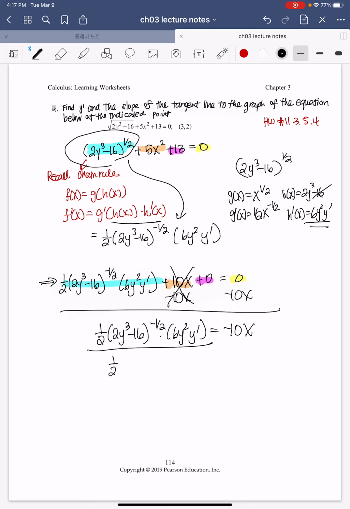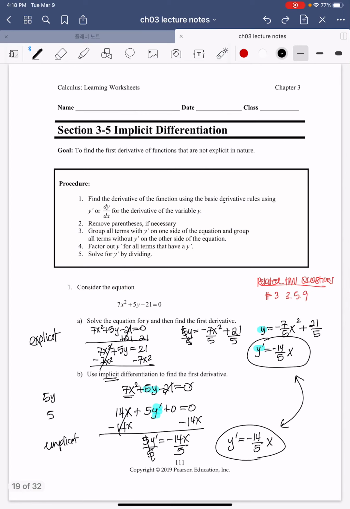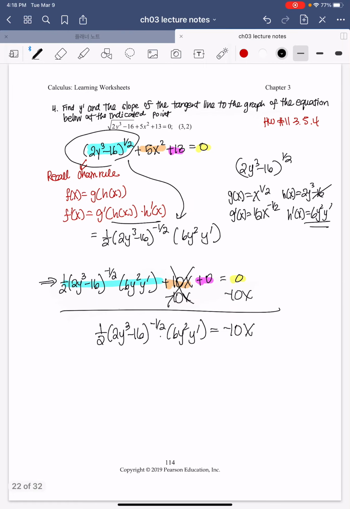Before we do that, let's do a little bit of simplifying. Here I can reduce the 2 with the 6, giving 3. I cannot reduce this 2 with the other one because it's inside of parentheses. A common mistake is this, but this is inside of a square root.